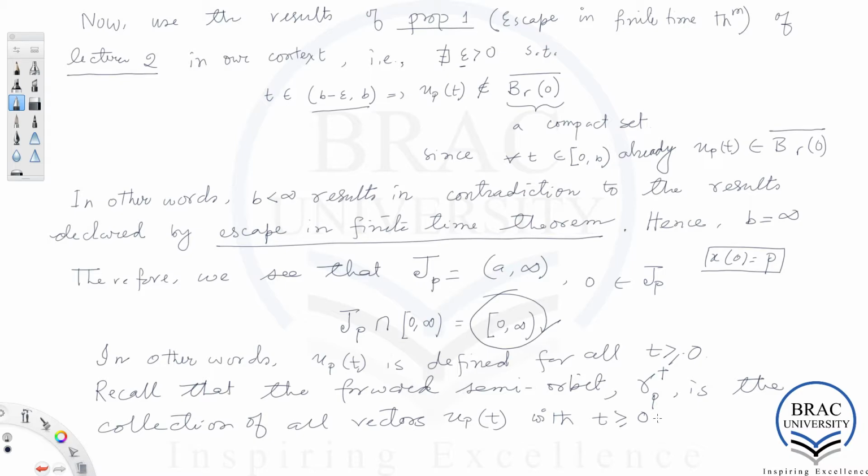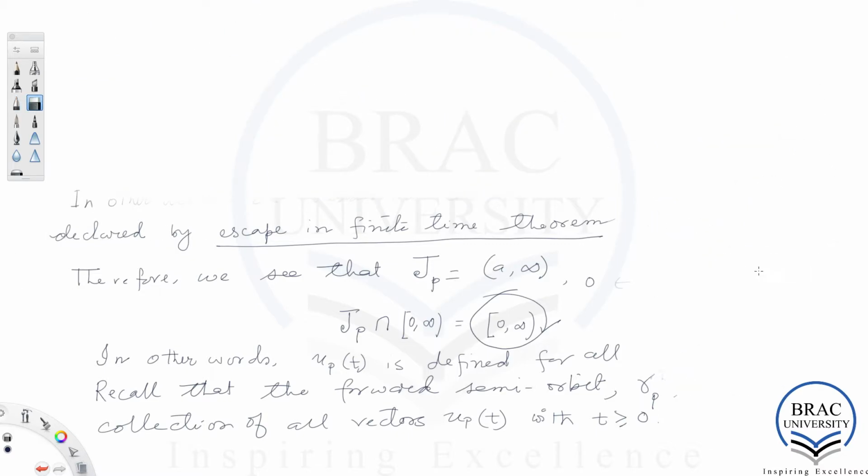Okay. Now let us recall 13. 13 was the result that we obtained from part C: u_p(t) is in the closure of B_R0 for all t in J_p intersected with the positive real line.